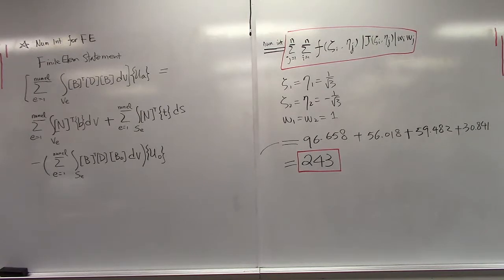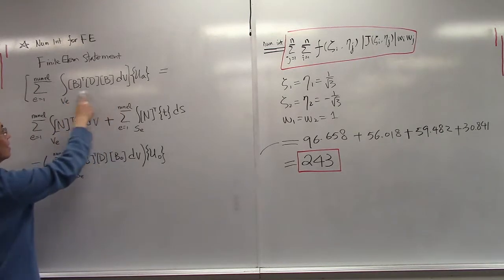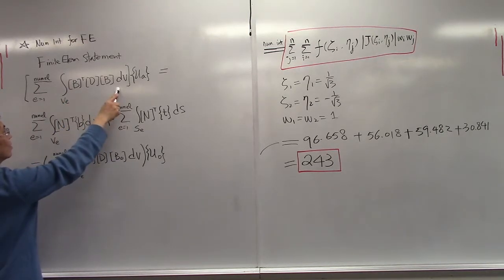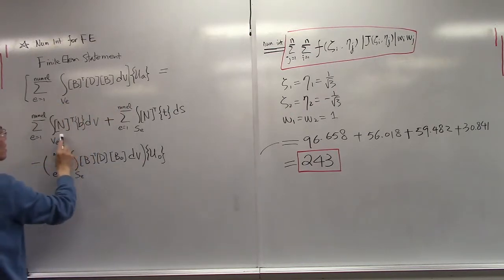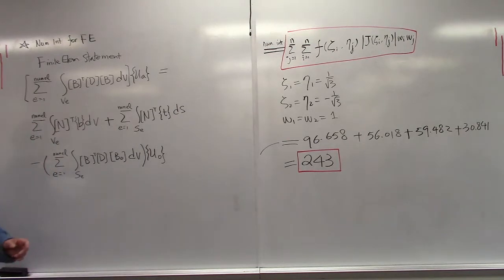Okay. Now you can see we need to do a lot of integration. Here we have one integration, which is the element stiffness. Here we have another integration, we have another integration, and another integration. Okay? It turns out this one and this one, they are almost the same.